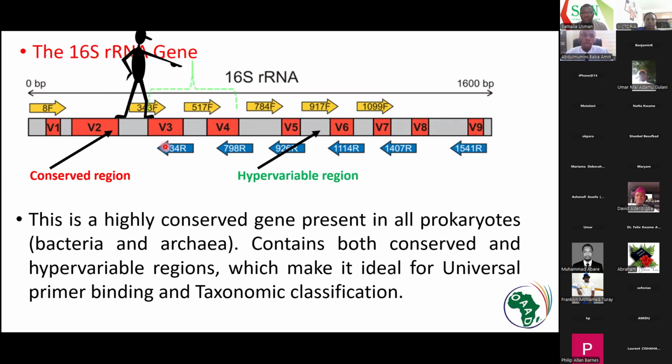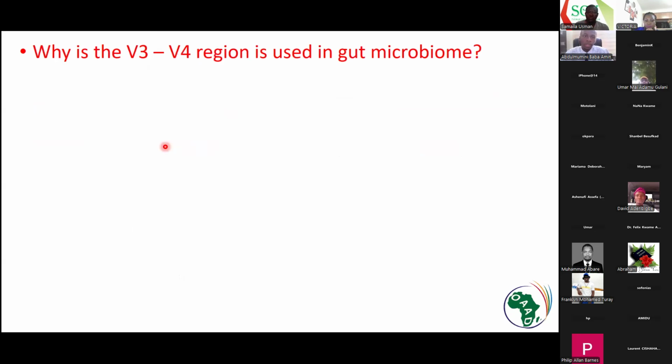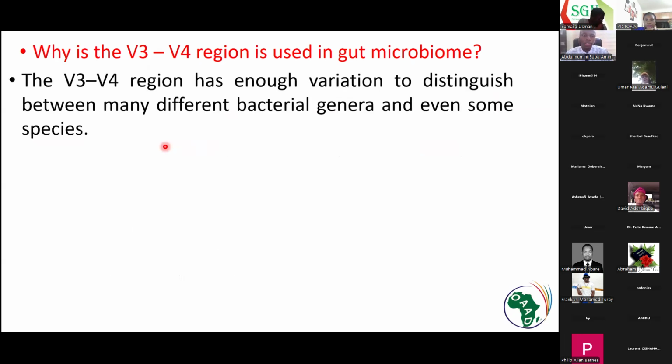So during sequencing, the V3 to V4 region is mostly amplified during PCR in gut microbiome research. We may want to know why the V3 and V4 region is mostly used in gut microbiome research.